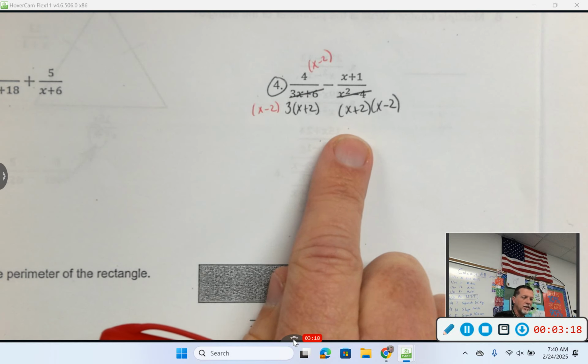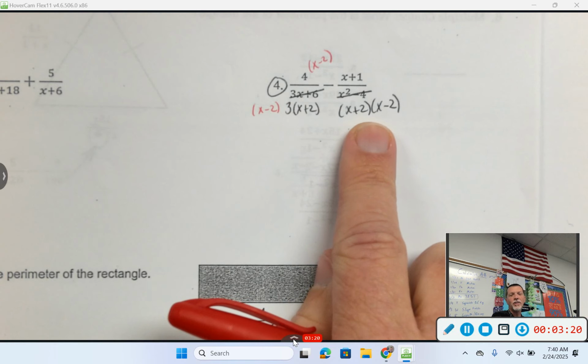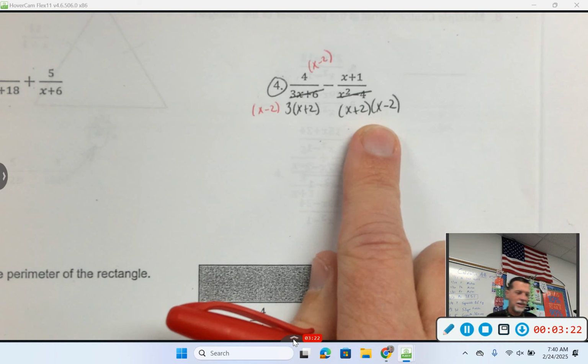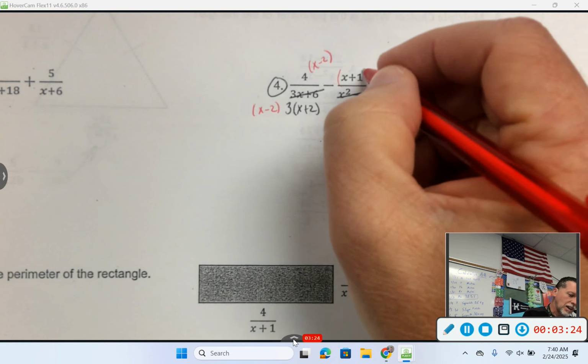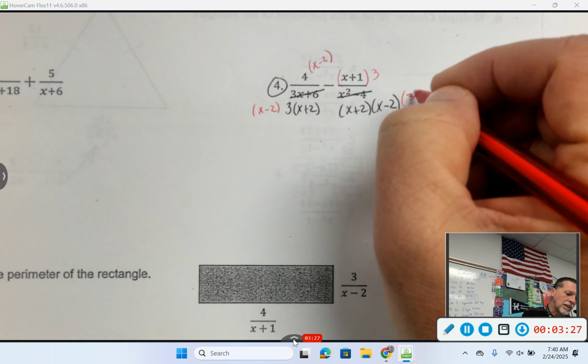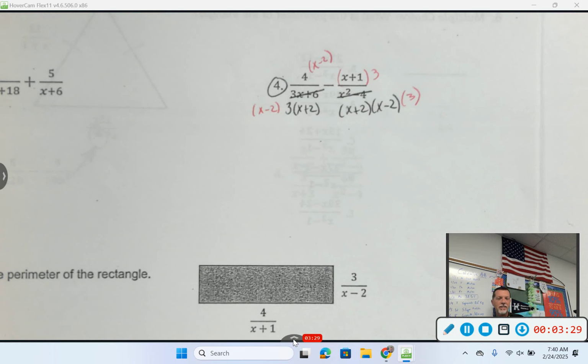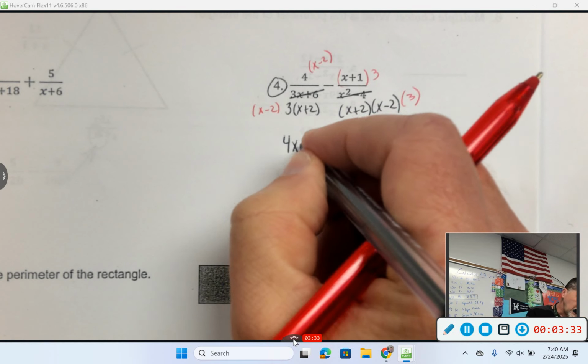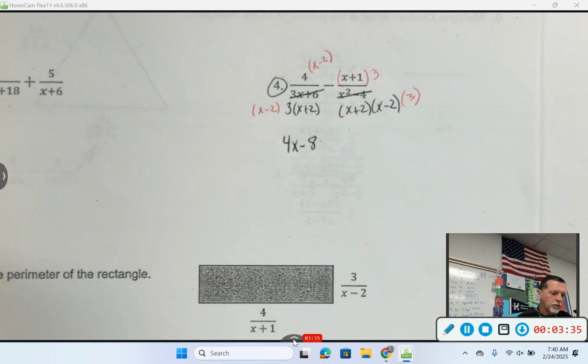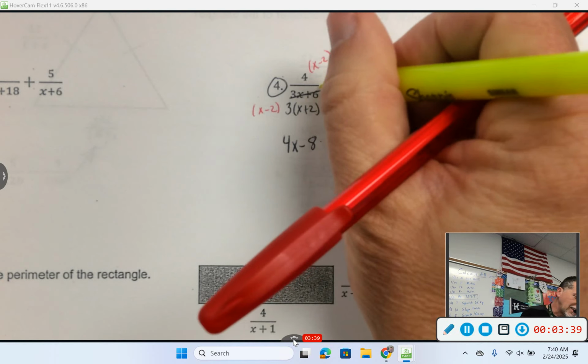So what does kid number 2 over here, what's he crying about? What does he want? He wants a 3. Then it's fair. So let's see, 4x minus 8. Oh, what do we have to be careful about on this one? Distribute that negative. Be careful.